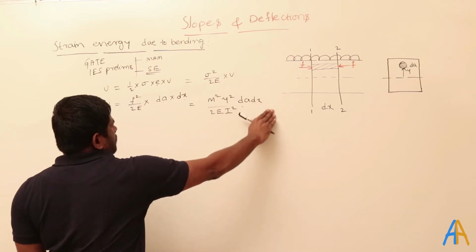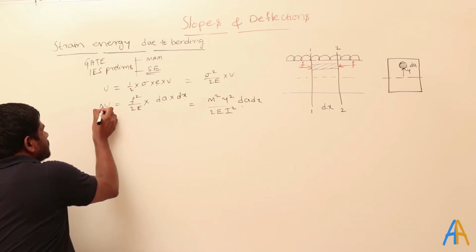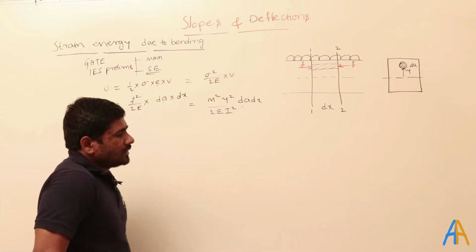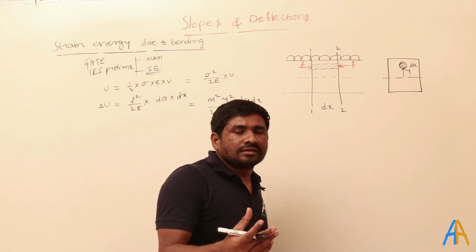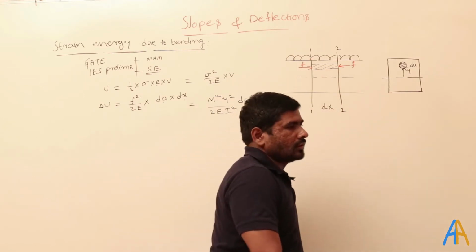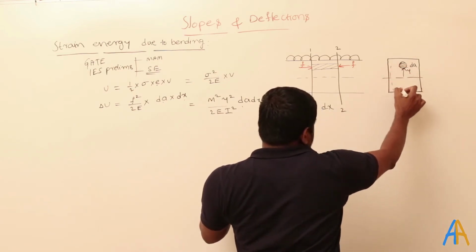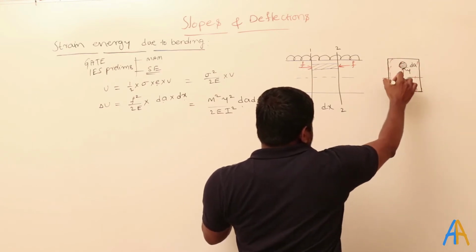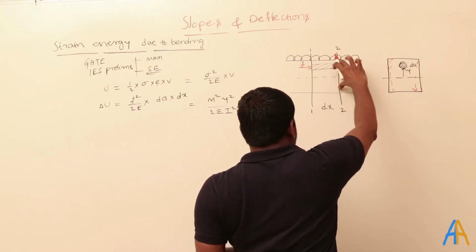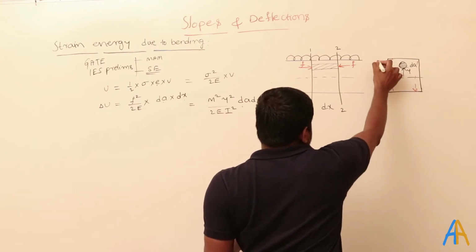This is the value we got, the strain energy for that element area, so I will call this delta U. If I want to find the entire strain energy formed in the beam, first I need to integrate over the entire cross section, from here to here, that means from YT to YC.